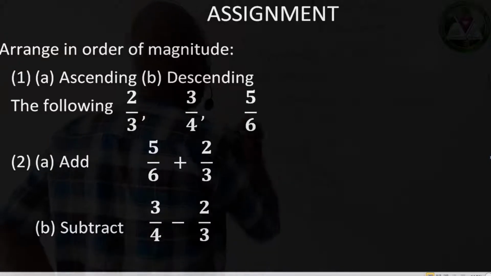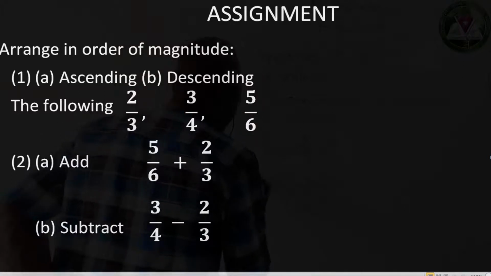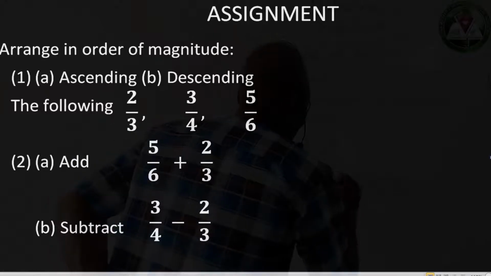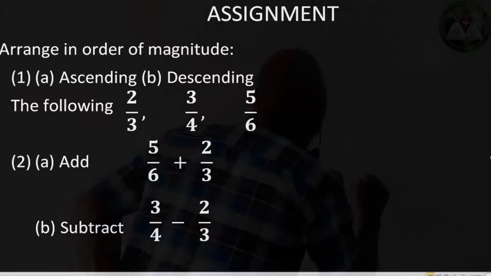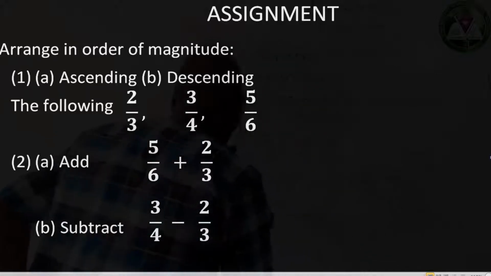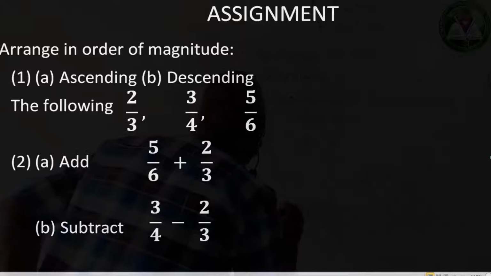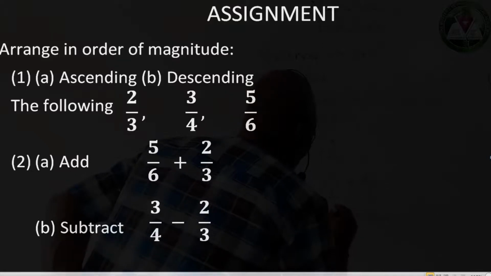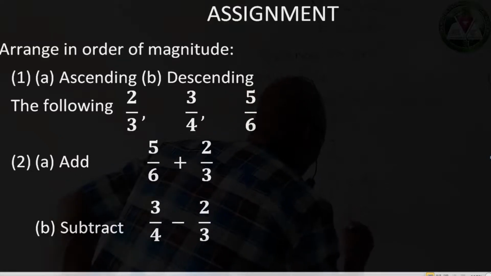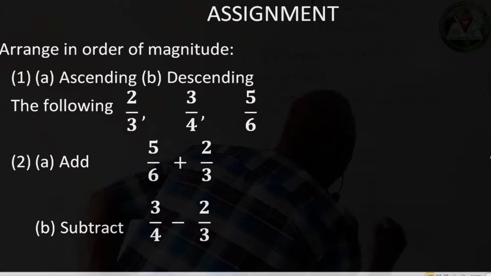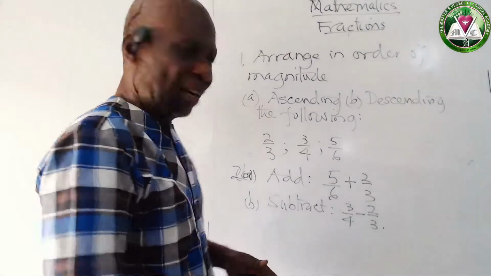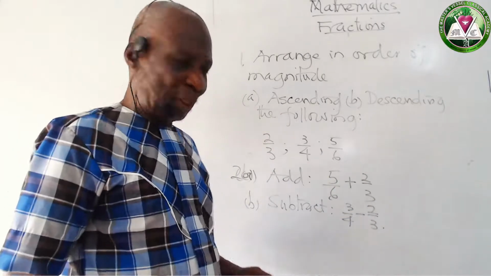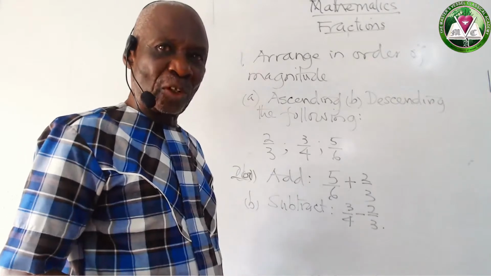Number 1. Number 2, A. Add. B. Subtract. Very simple. I hope that as you did the first one and you got all of them correct, you will also get these ones correct.